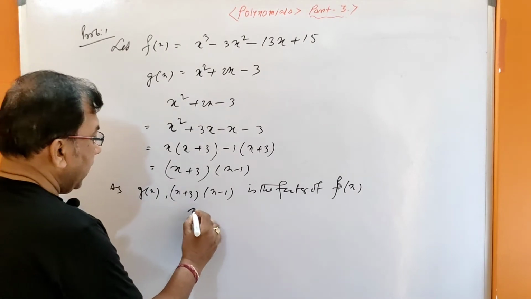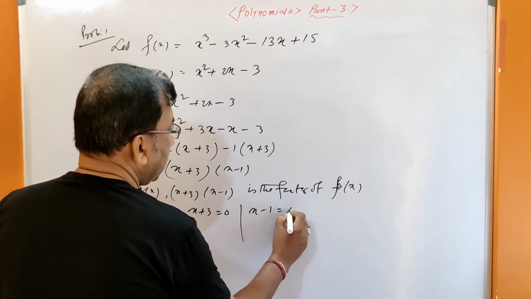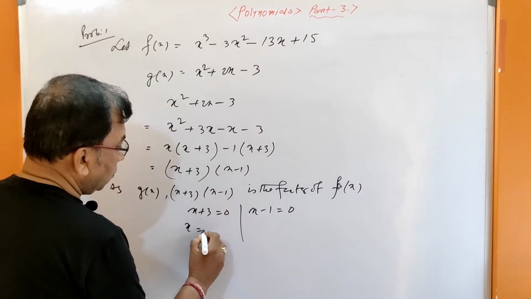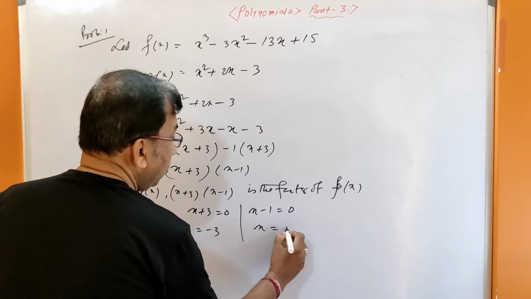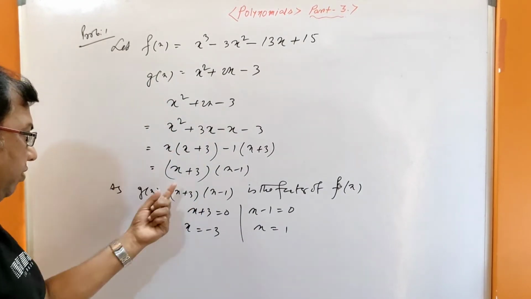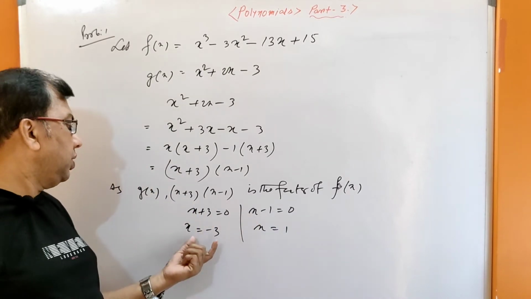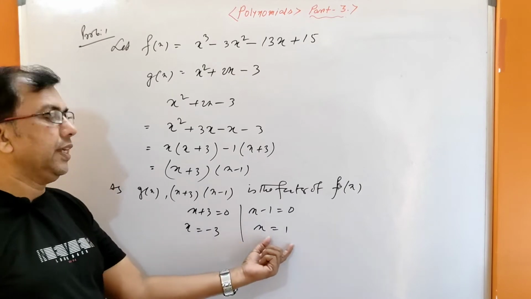That means x plus 3 equals 0 and x minus 1 equals 0. Here x equals minus 3, here x equals 1.